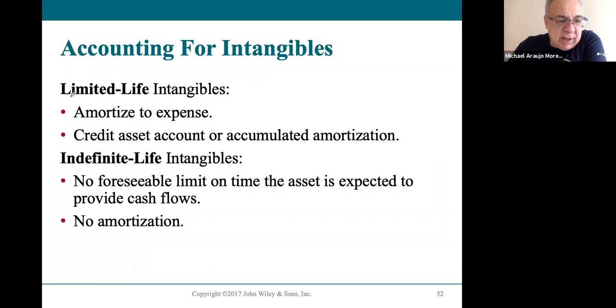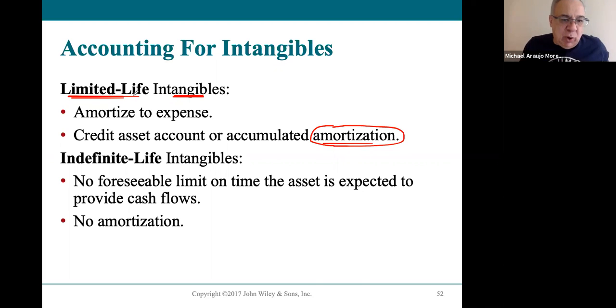Just a couple of other quick notes here. Some intangible assets have a limited life, which means they might only be useful for 5 years, et cetera. Then a company can go through a process similar to depreciation, but depreciation is for fixed assets. Amortization is for intangible assets. So amortization works like straight line depreciation, but it's specific to an intangible asset that has a limited life.